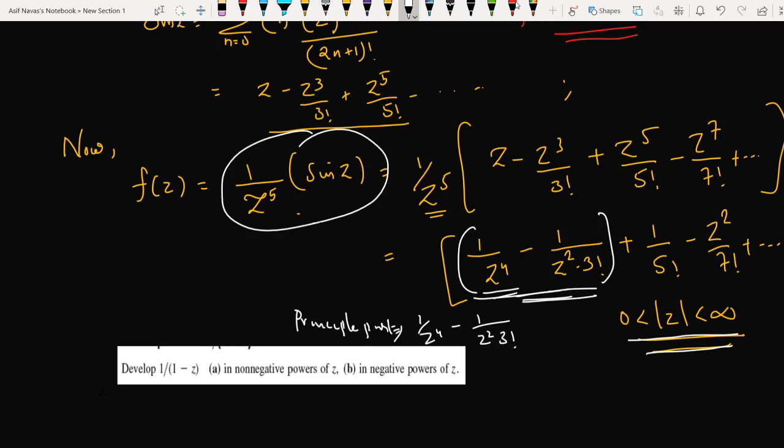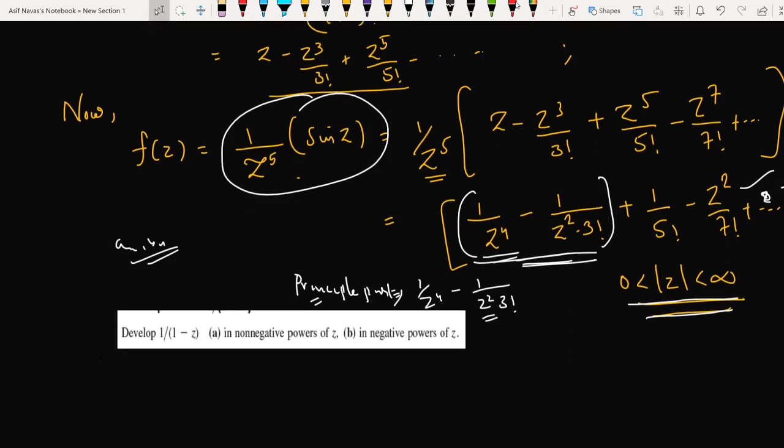So here we have the negative powers of z, and after that everything will be positive powers of z. So this is the Laurent series expansion. We will not use the formula for an and bn, rather we will use the Taylor or Maclaurin series to find the Laurent series.